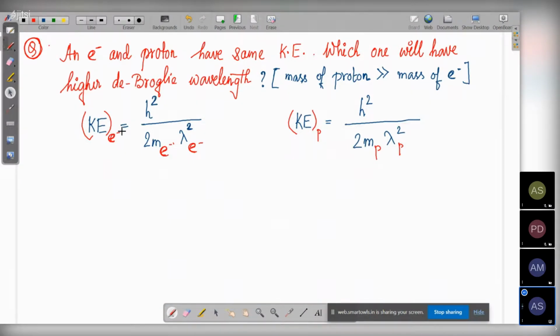Now, according to the question, what does the problem say? According to the problem, it is said that they have the same kinetic energy. That means the kinetic energy of electron equals the kinetic energy of proton. The values must be the same.